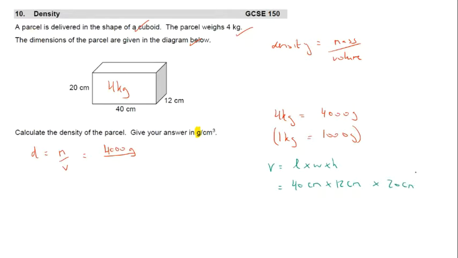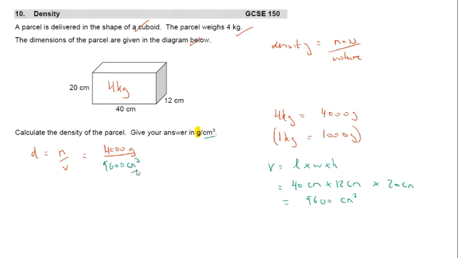And 40 times 12 times 20 is a rather large number. It is 9,600 cm cubes. Remember, volumes in cubes and the measurements in centimeters. So this is 4,000 grams divided by 9,600 cm cubes. I got my units now, so I'm good to go.